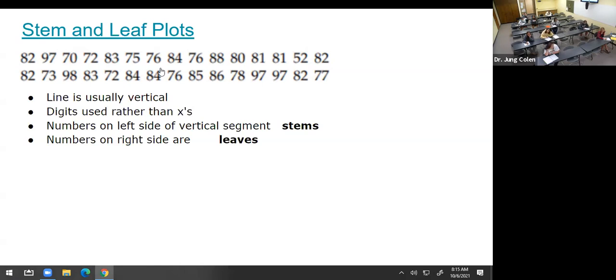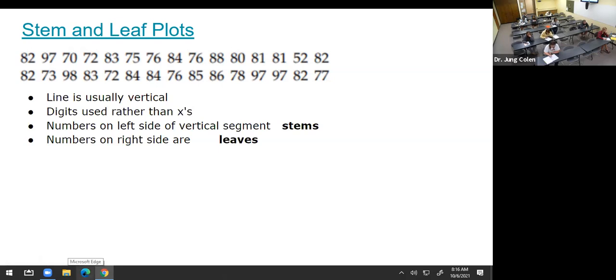So we usually draw a vertical line, and the tens digit becomes the stem. Because from 1 to 100 there are a lot of numbers. But if you have only the tens digit as the stem, you can have 0 to 9, so 10 of them.